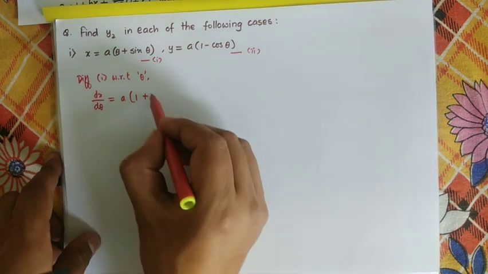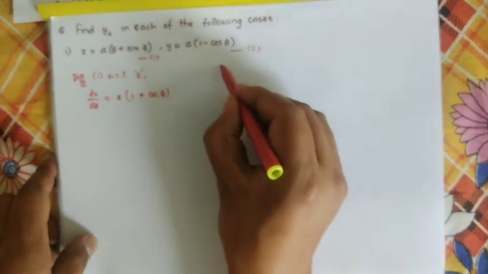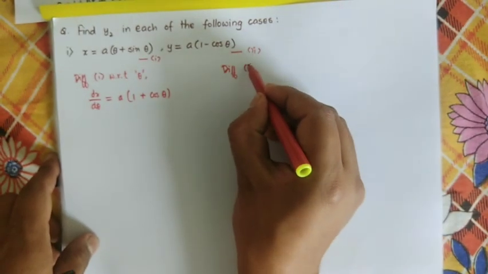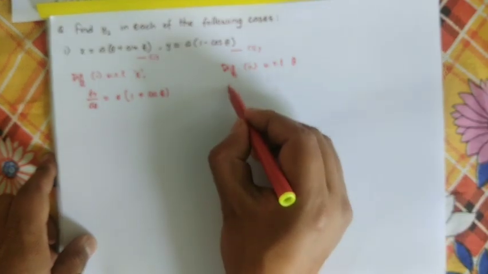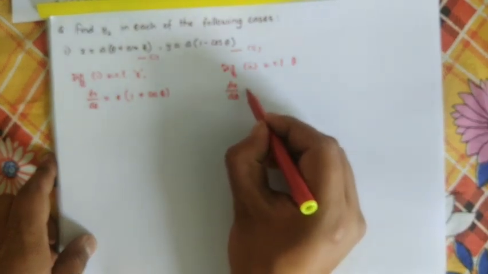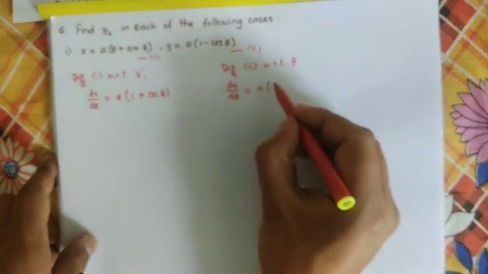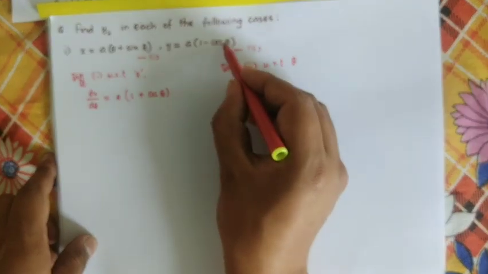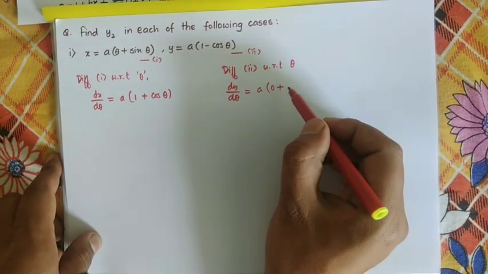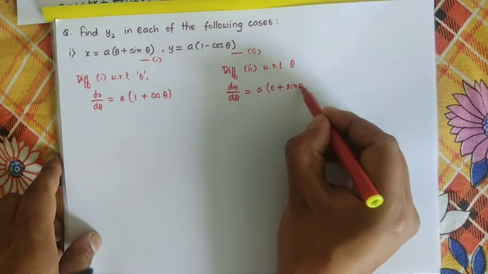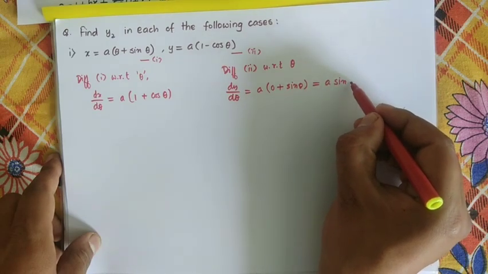Similarly, differentiating 2 with respect to theta, dy by d theta equals a, constant, kept outside, times the differentiation of 1 which is 0, minus the differentiation of cos theta, which is minus sine theta, so along with this minus it becomes plus sine theta.